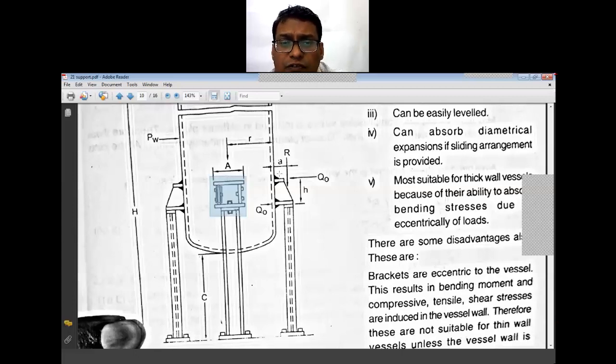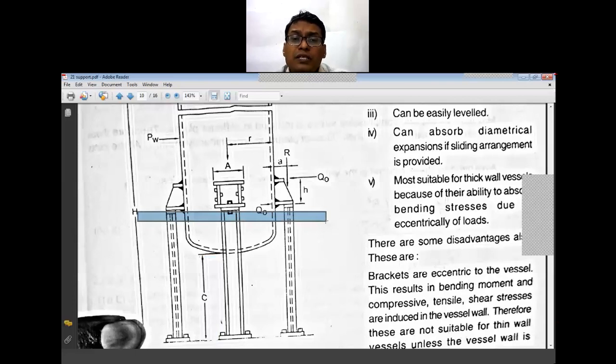Now this is a front view, and this is the side view for the bracket supports. Generally four brackets are used. These brackets are sometimes provided with legs, if I am providing clearance between the ground and the vessel. Sometimes these brackets are resting on the floor.